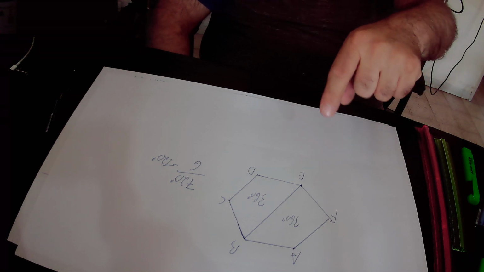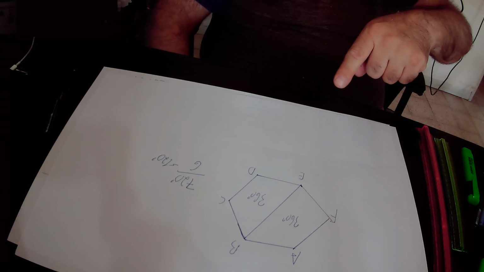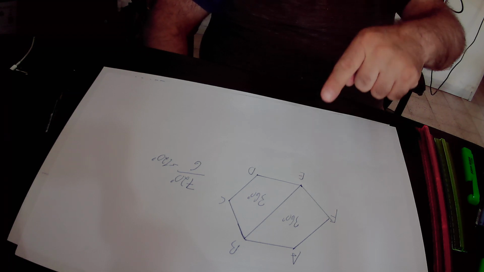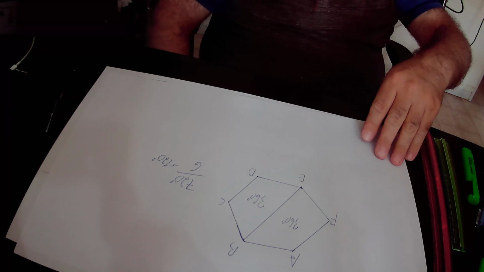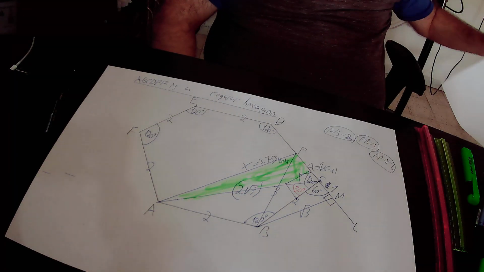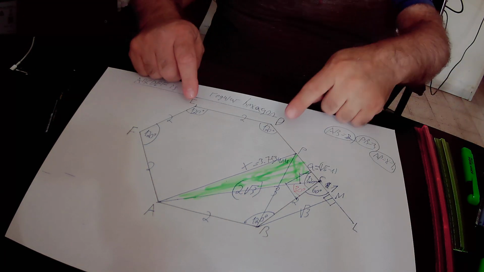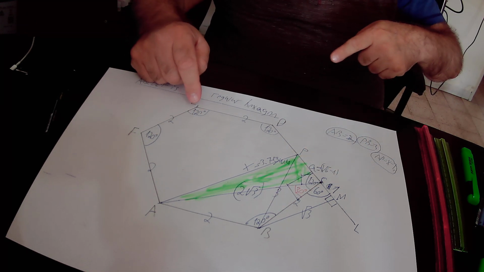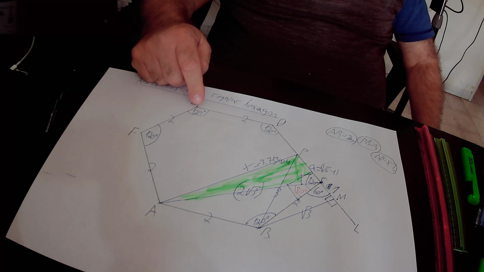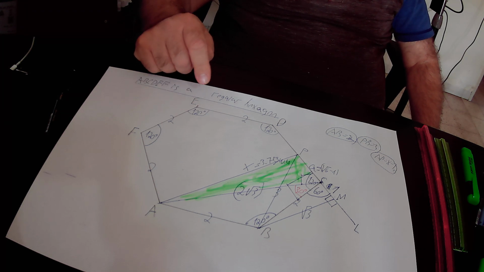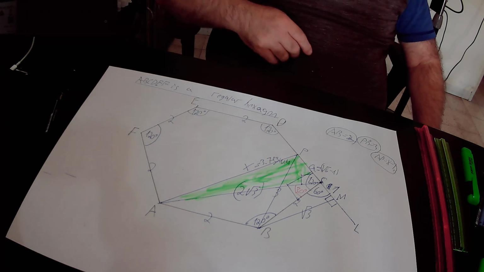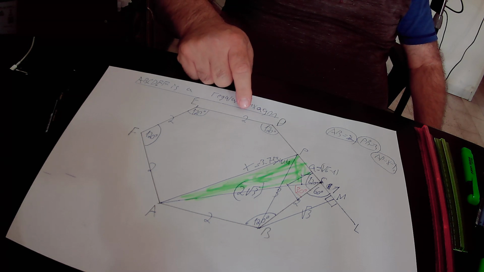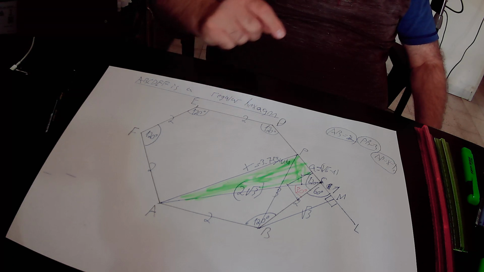For that reason, all the interior angles are equal to 120 degrees in size. Each of them is equal to 120 degrees. So here we can write down that all 6 interior angles in this regular hexagon are equal to 120 degrees. And also all the sides of this regular hexagon are equal to 2 units. Each side equals 2 units in length.